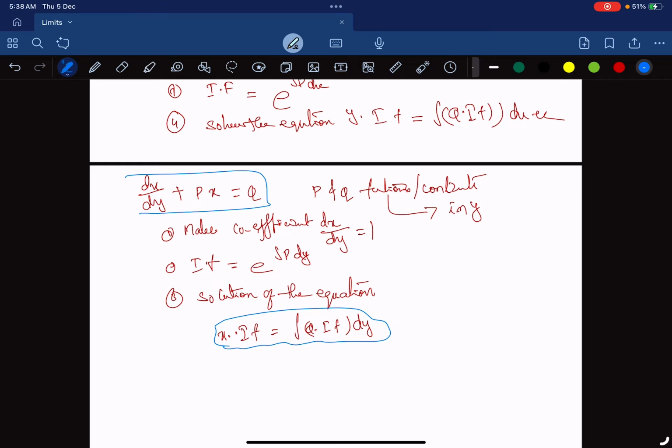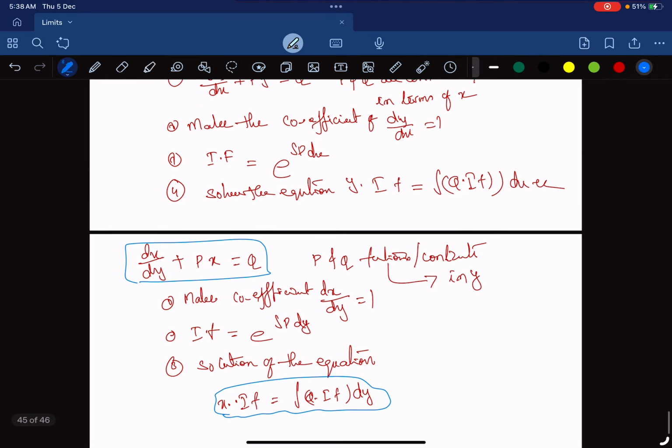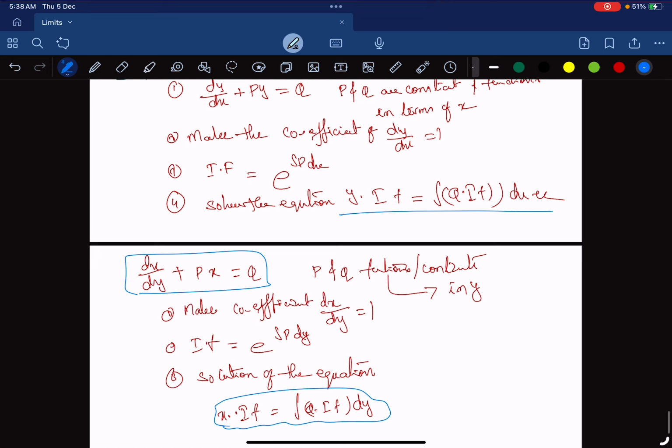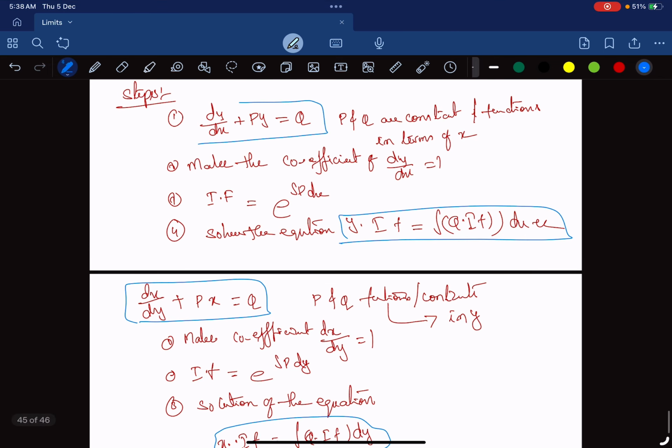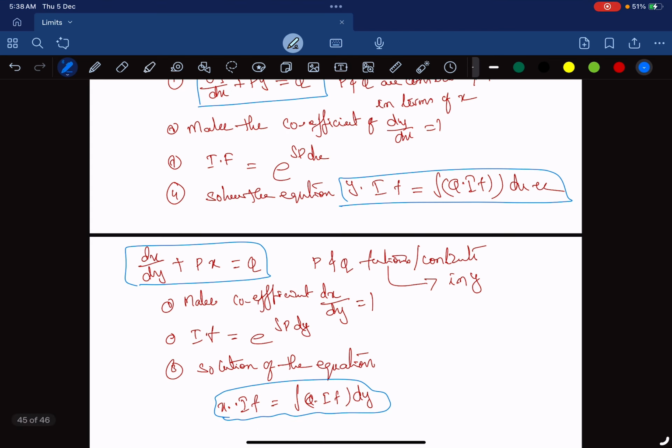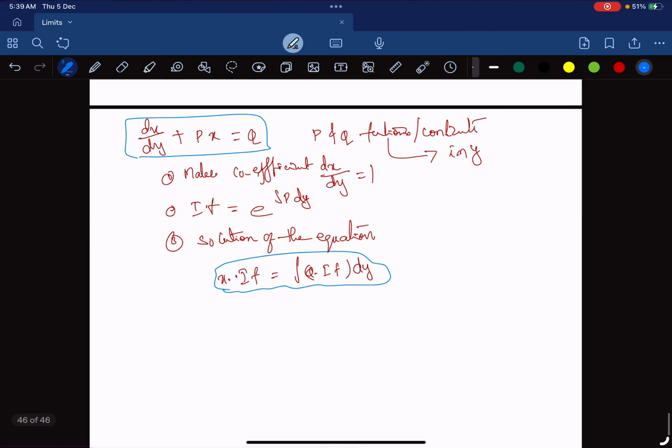The functions are in terms of x and y, depending on whether it is in dy by dx plus py is equal to q, or dx by dy plus px is equal to q.